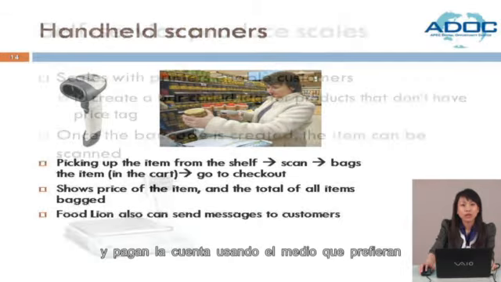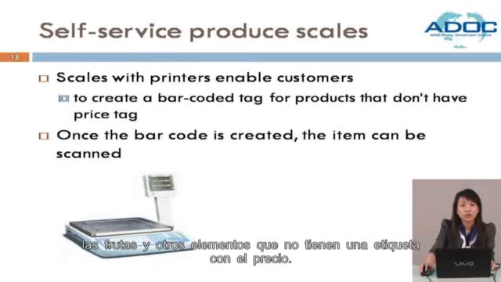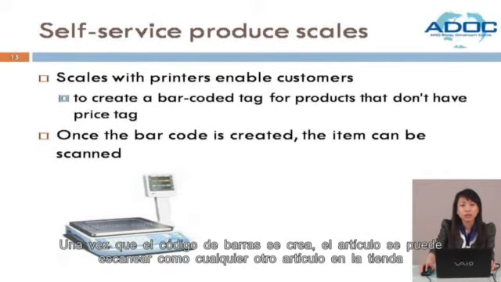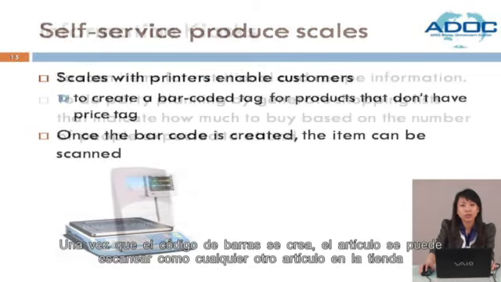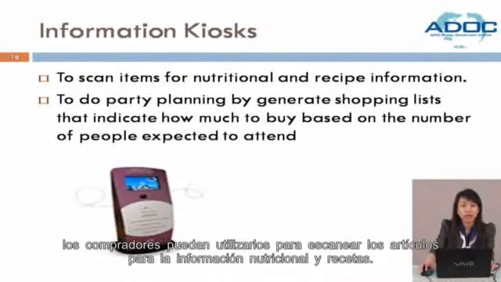Scales with printers enable customers to create a barcode tag for vegetables, fruits, and other items that don't have a price tag. Once the barcode is created, the item can be scanned like any other item in the store. The meat and liquor departments provide kiosks that shoppers can use to scan items for nutritional and recipe information.